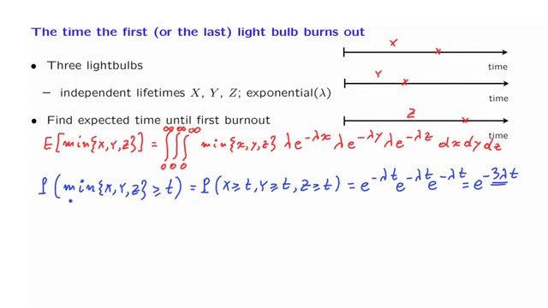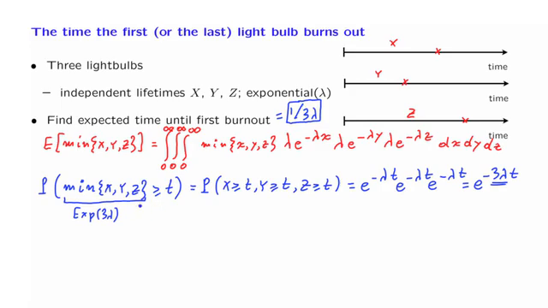So the conclusion is that this random variable is exponential with parameter 3 lambda. And since it's an exponential with parameter 3 lambda, then we know what the expected value is. It is going to be 1 over 3 lambda, and this is the answer to the question that you were interested in.